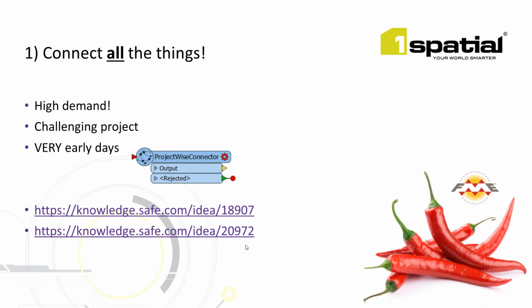So the ProjectWise connector, the reason why I put that here is it's been in high demand. It's one of these utilities that's been requested for a long time on the Knowledge Center.